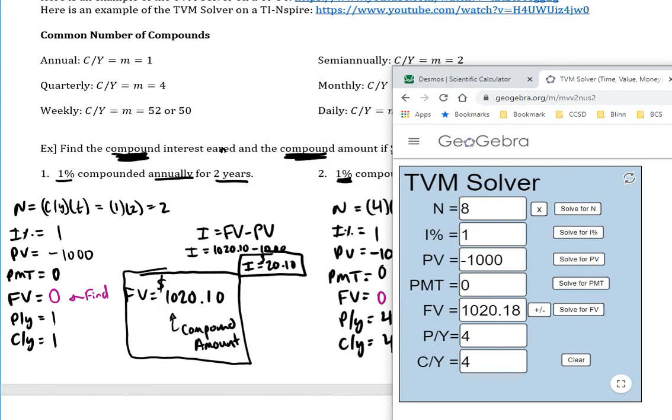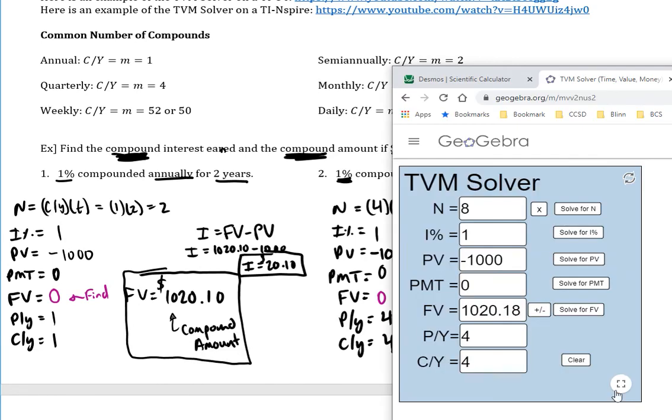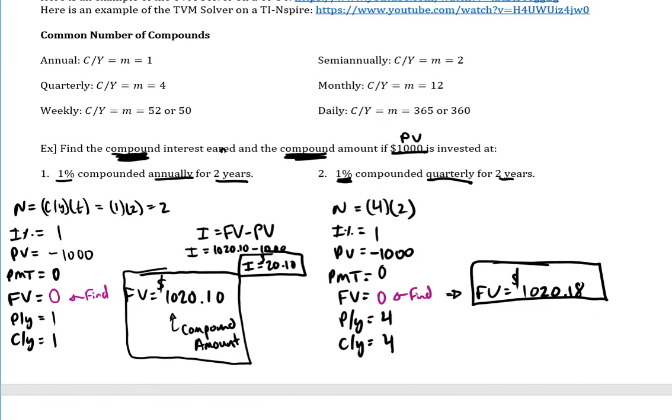So we found our future value was $1,020, and this time 18 cents. Okay, so that was the second part. That's the compound amount. Let me just make sure one last time that it's copied. Yeah, so it made 8 more cents, and that's because it's getting compounded more often.